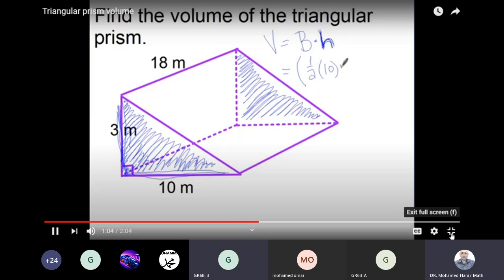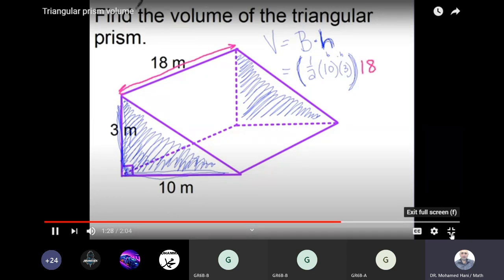Formulas that have two heights in them can be confusing. That's all the stuff from the area of your triangular base, 1/2 of the base times the height of your triangle. Now the next thing we need to do is find the height of the prism, which is the distance in between your bases. Since these are your bases, your height has to be 18.